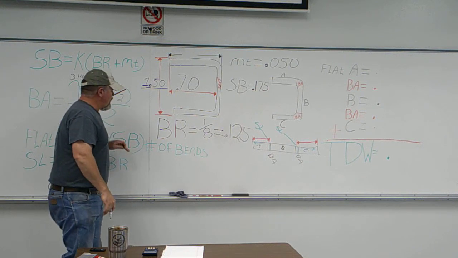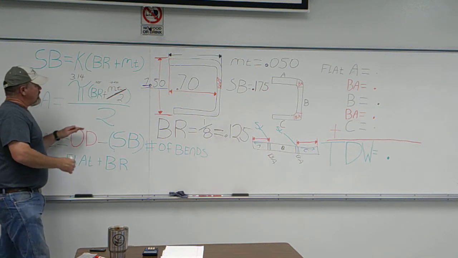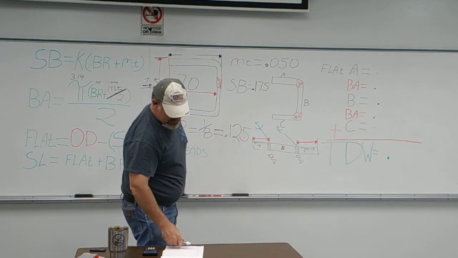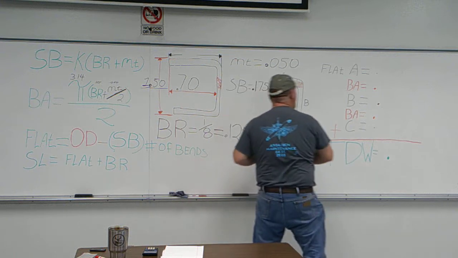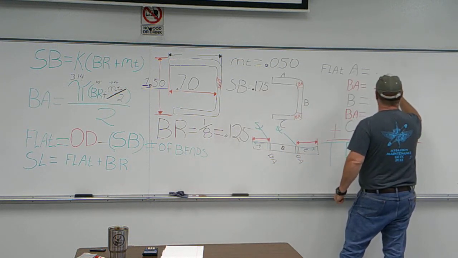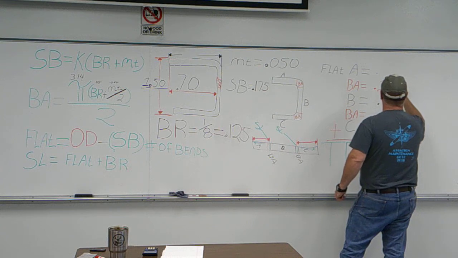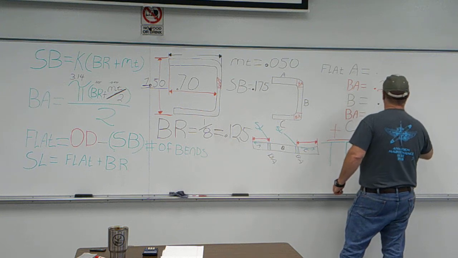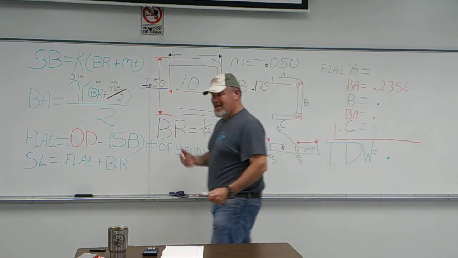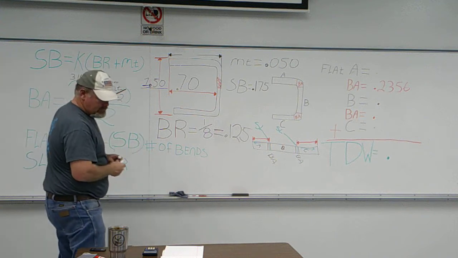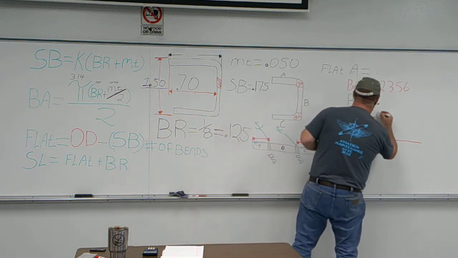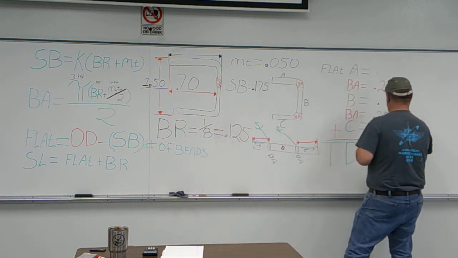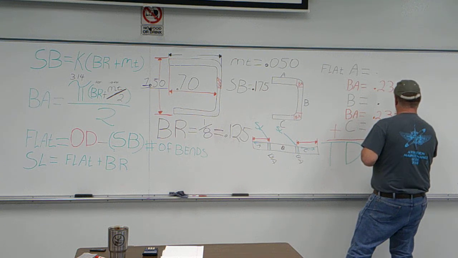We should come up with a bend allowance of 0.2356. That's our bend allowance today. Now, since we're going to have that twice, we're going to go ahead and write that in over here.